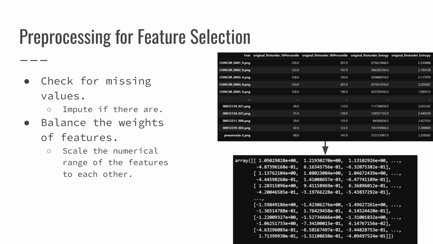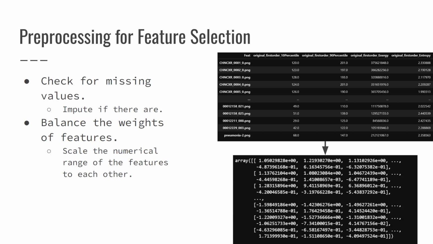And you can see on the left of the data set that is the actual patients, and on the top is the features. Another problem with this data set is when you look at the feature columns, they vary widely in terms of their ranges. Like the first feature has like 120, 123, 49, 51. But the original first order energy has big numbers.